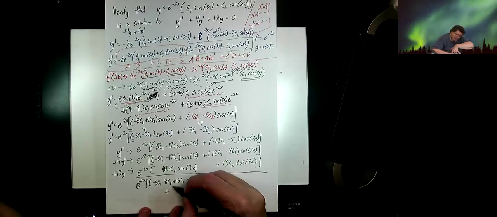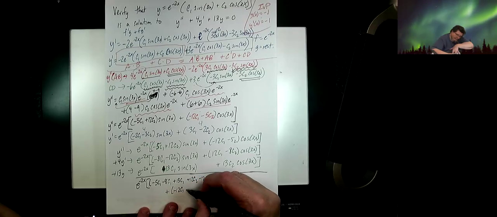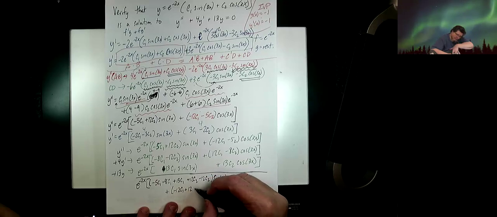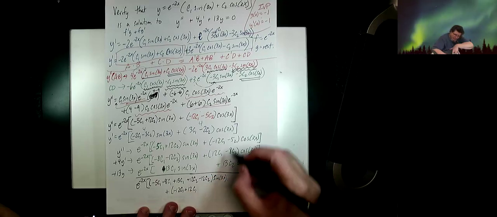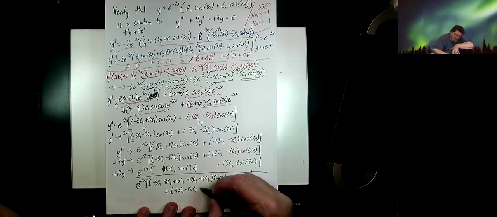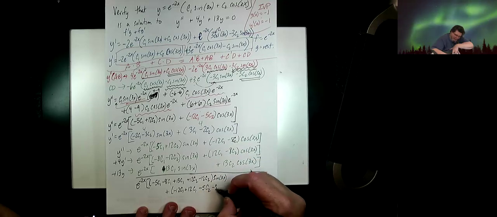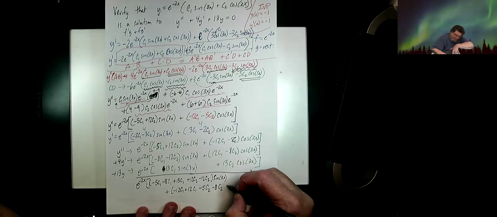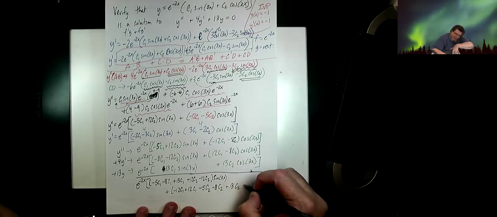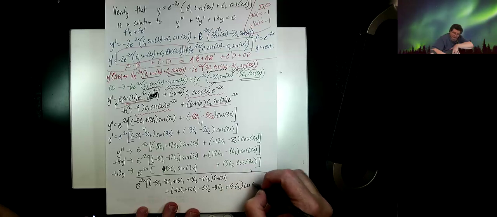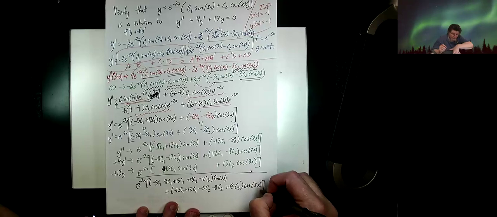Plus negative 12C1 plus 12C1, I should say C2 right there, minus 5C2 minus 8C2 plus 13C2, cosine of 3x. And the only reason I did it like this is so I can go back and verify my work later on if there's a mistake.